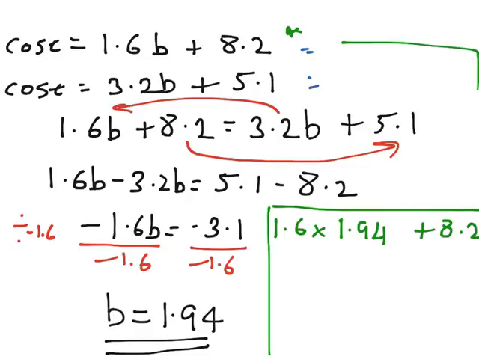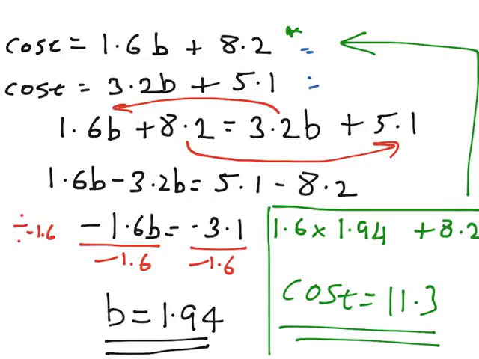I'm using this equation here. 1.6 times my value of b, plus 8.2, and I reckon the cost is 11.3. Okay, so for the value of b, the cost is 11.3, if my calculations are correct.